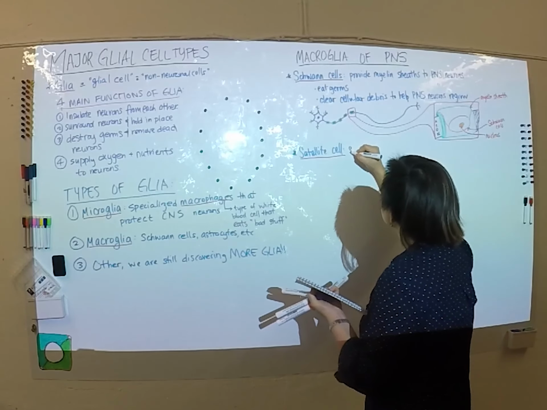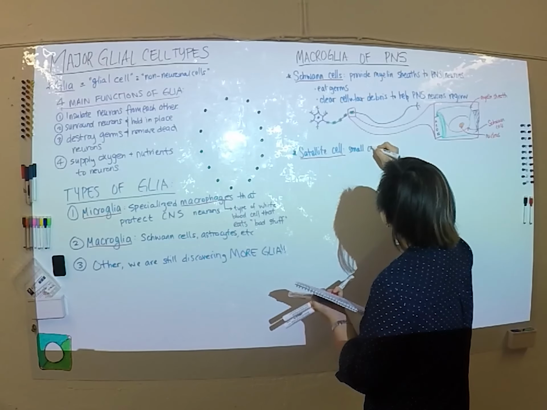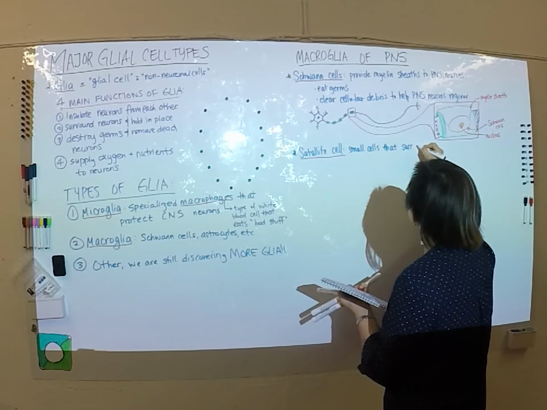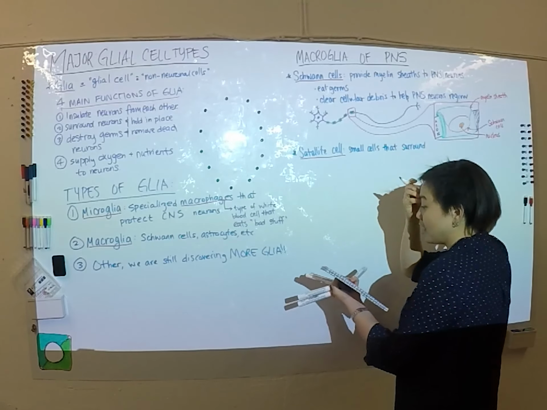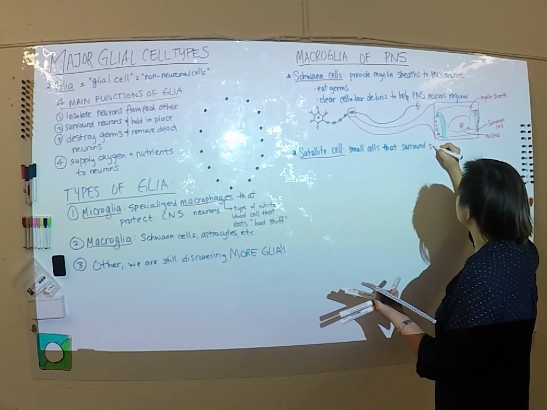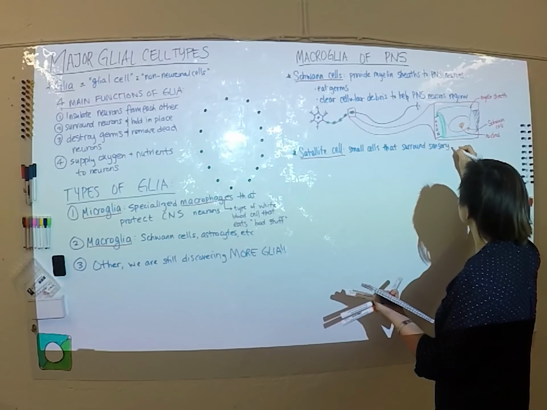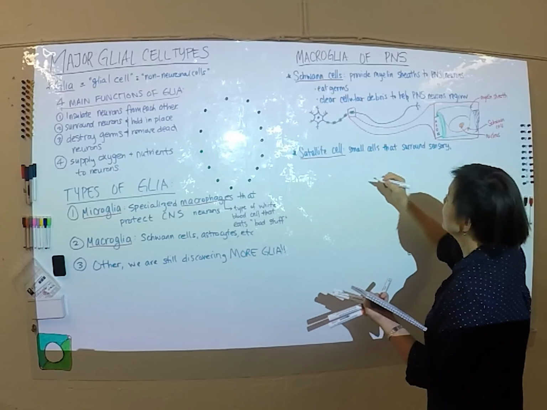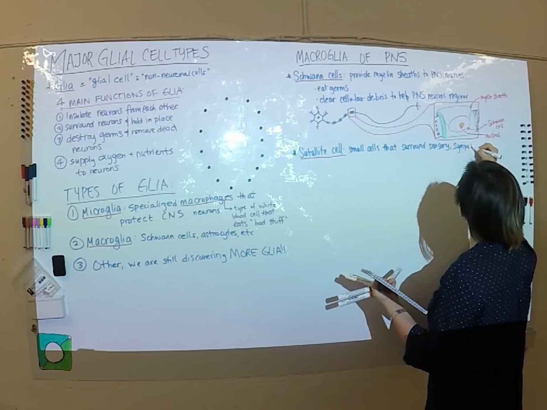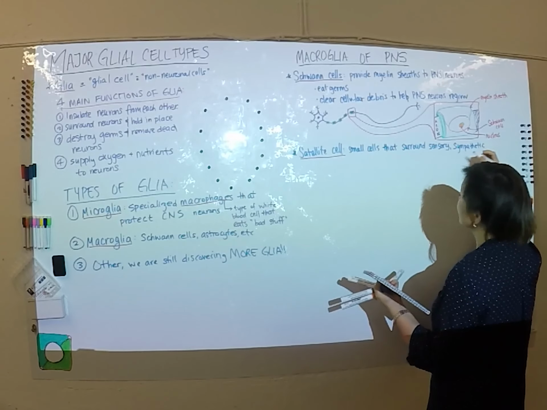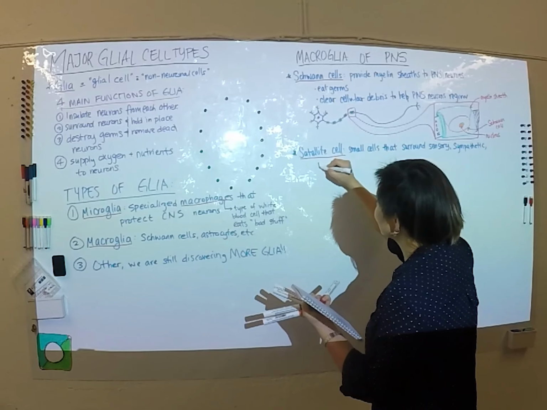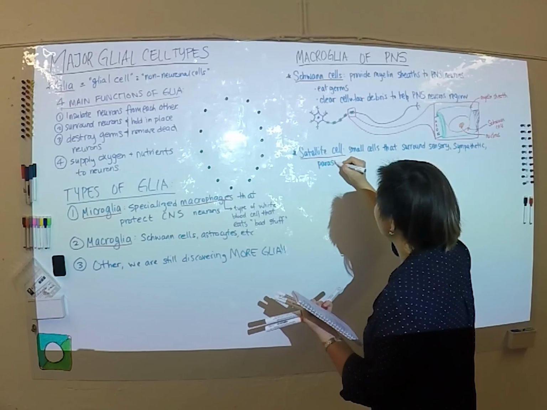So these are small cells that surround, and there are several kinds of ganglia that they can surround, okay? So they surround sensory, sympathetic, that's a new word, parasympathetic.